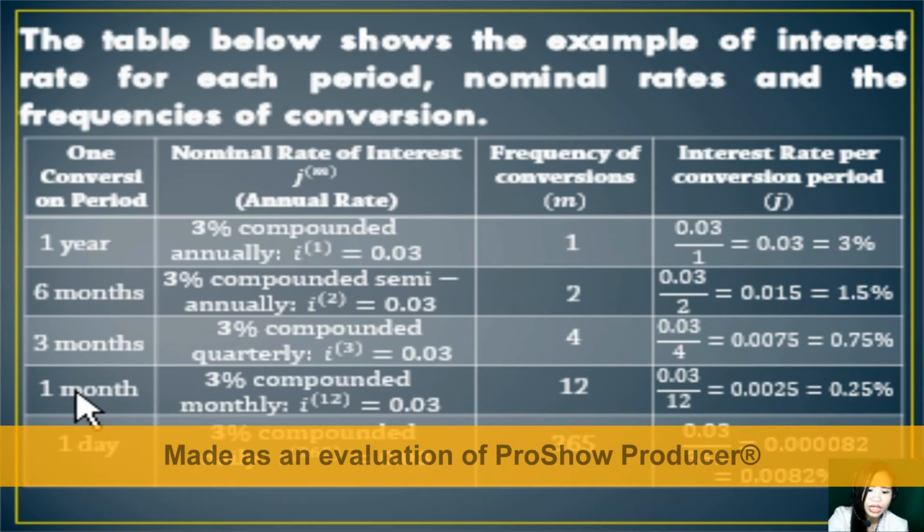How about if it's monthly? 1 month. How many months are there in a year? That is 12. So the frequency of conversions is 12. 3% compounded monthly, meaning you have your I to the power of 12, which is 0.03.